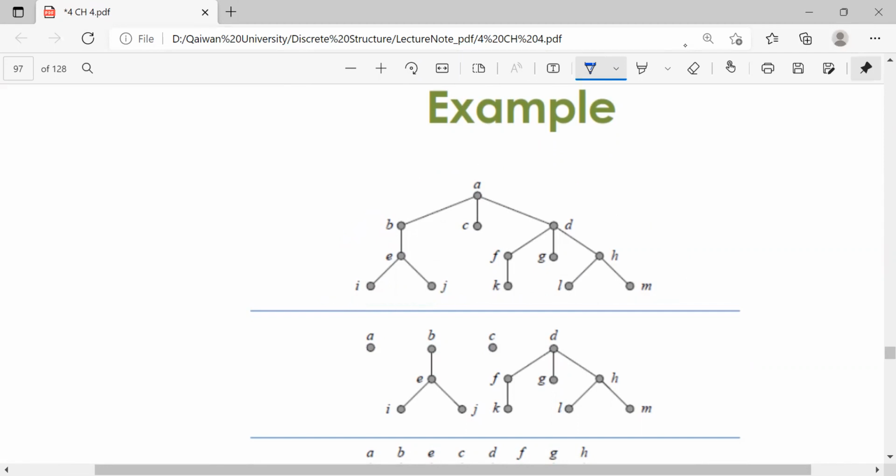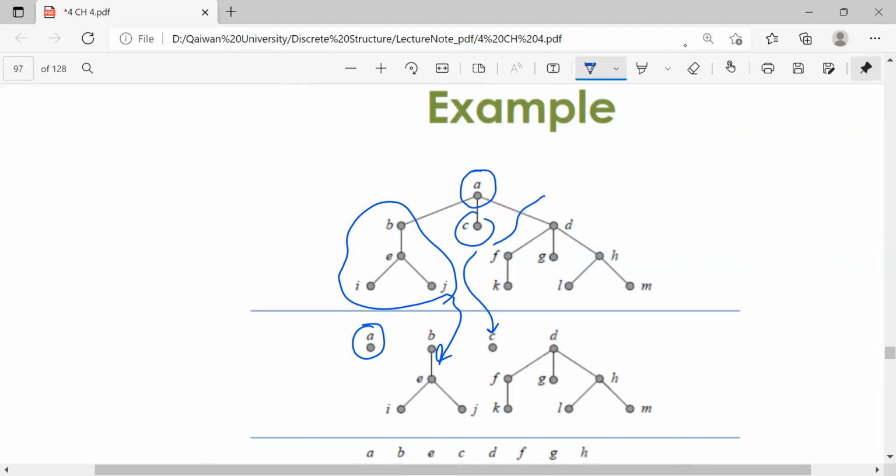How? We start from the root. That means the first vertex that we should write down is the root. Then we write down the left subtree. We write down the subtrees from left to right. At first we have this one, then we have C, and we also have this one. Okay, we have these three subtrees for root A. A is the root.